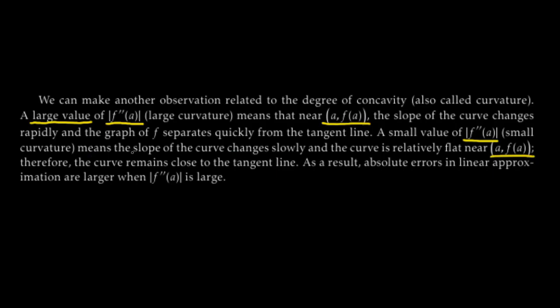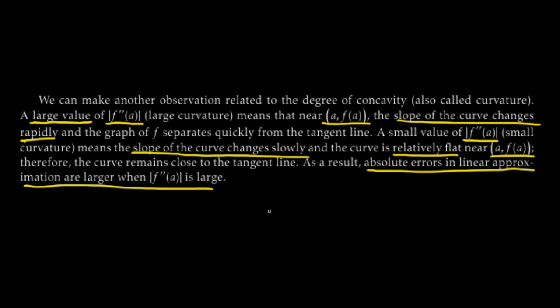Before, we had that the slope of the curve is changing rapidly, and the graph separates relatively quickly from the tangent line. So absolute errors in linear approximations are larger when f double prime is large in absolute value, i.e. when it's big and positive or big and negative.